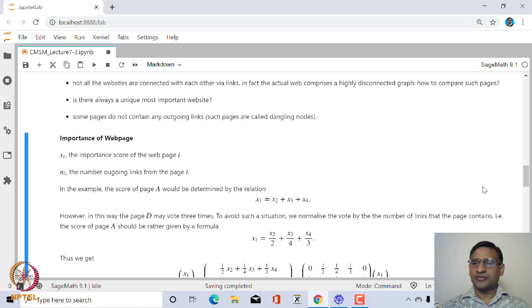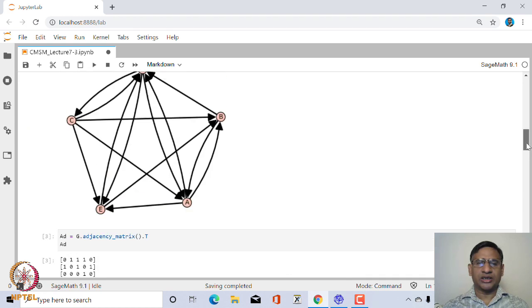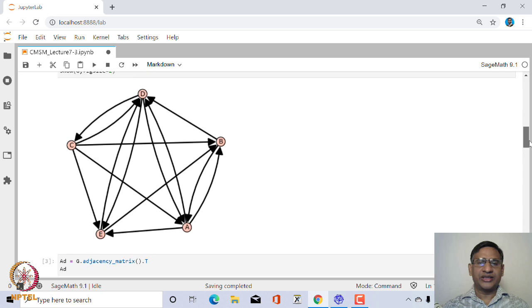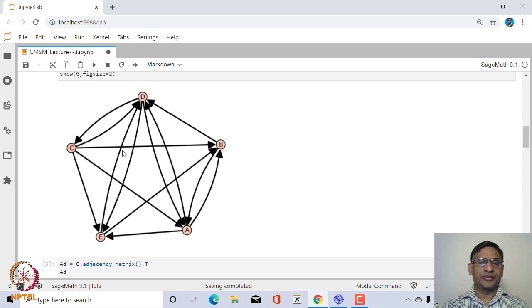If you look at the first node A, it has incoming links from B, C and D, and the number of outgoing links from B is 2, from C it is 3, and from D it is 1.